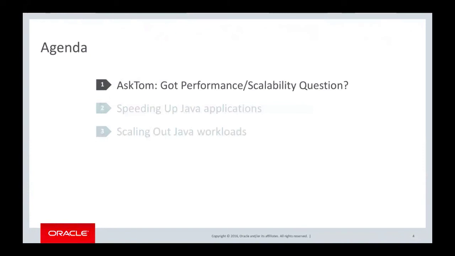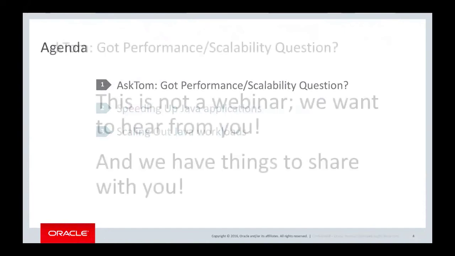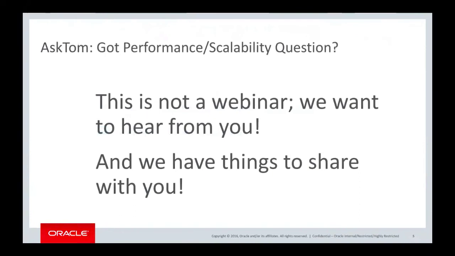We have to pick a theme for each session, so today's theme is performance and scalability. We really hope you have some questions, and if you don't, we have things we can share with you.